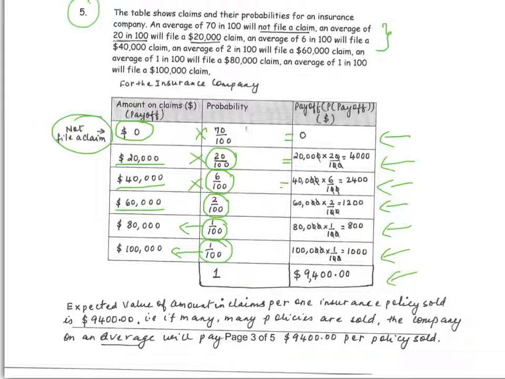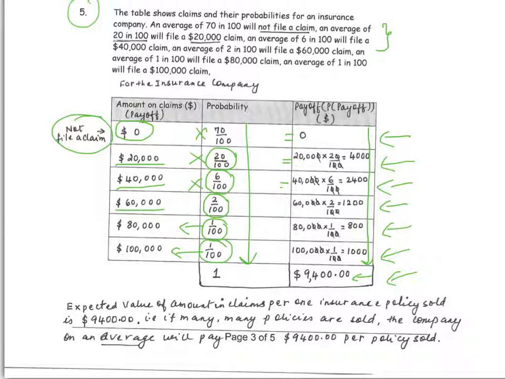Just make sure that the probabilities add up to 1. Add up all the numbers in the last column, and that gives us the expected value of the particular amount that they have to pay per insurance claim.